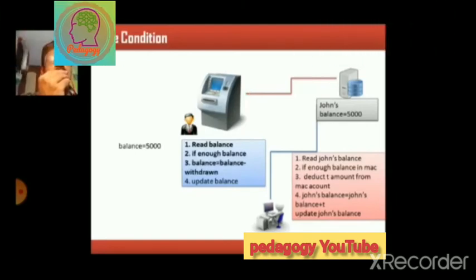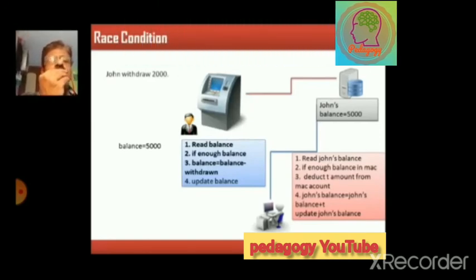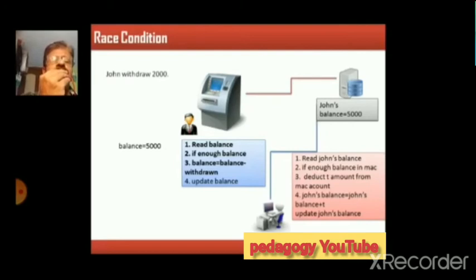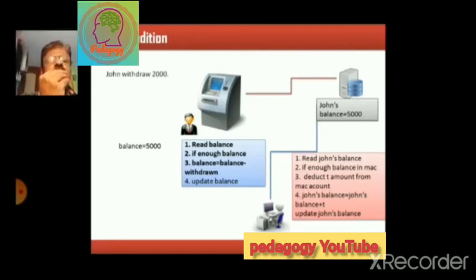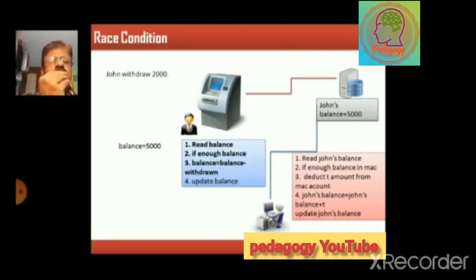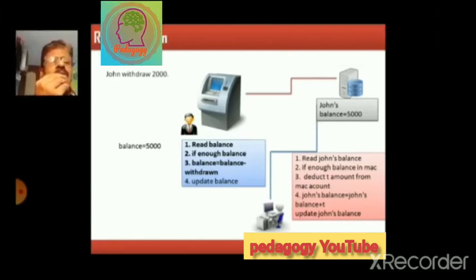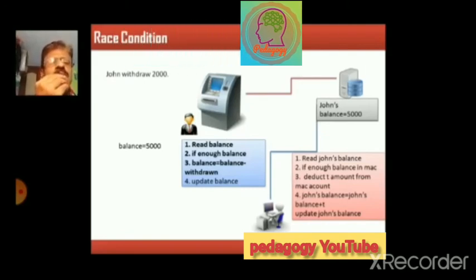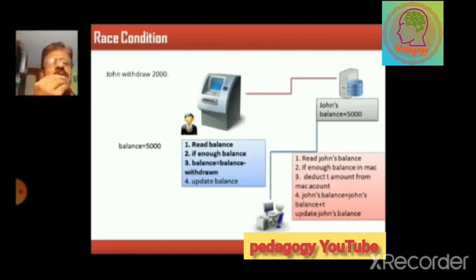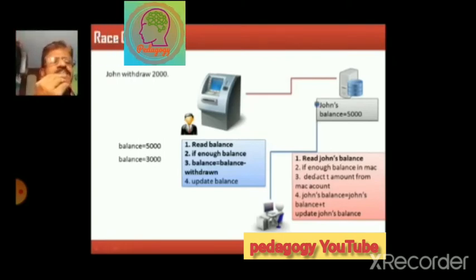Suppose John has a balance of 5,000 and John wants to withdraw 2,000. Simple way, John withdraws 2,000, no problem. He has sufficient balance, and after withdrawing, the remaining balance will be 5,000 minus 2,000, that means 3,000.